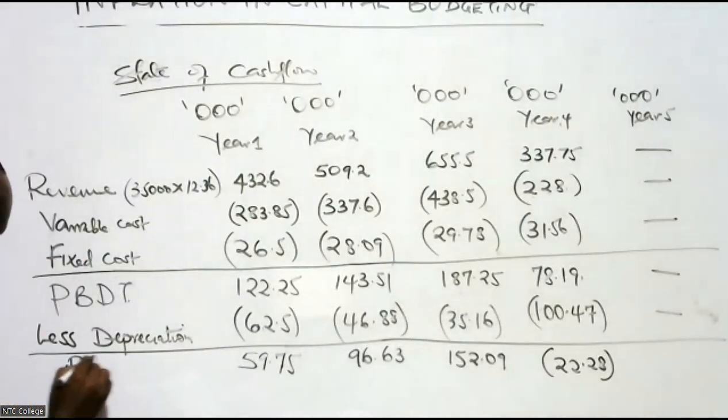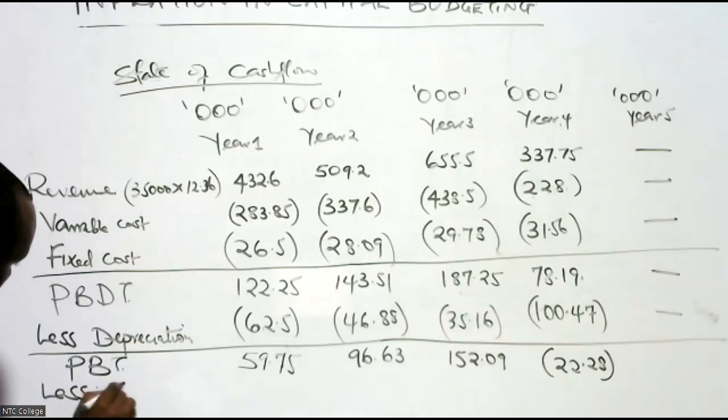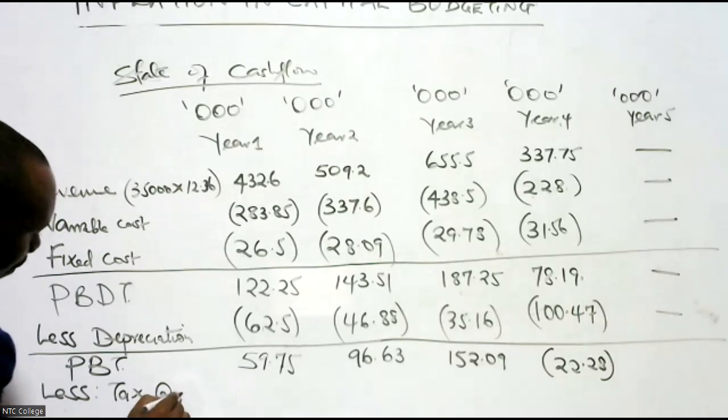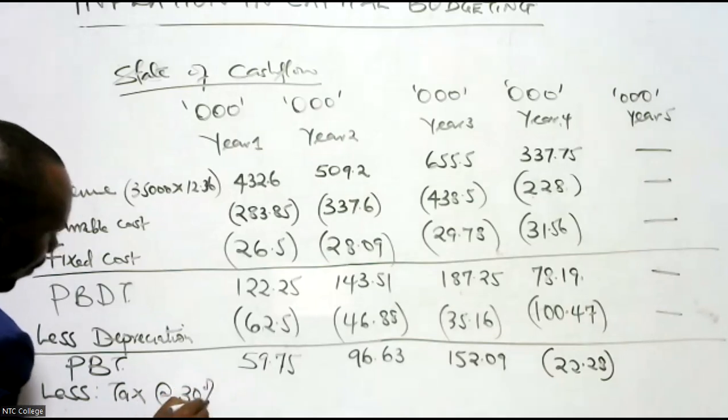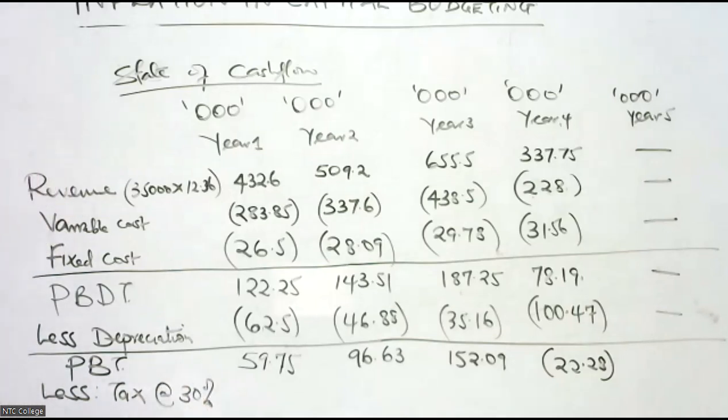That is profit before tax. Now let's tax at 30% on a reducing balance, in arrears. So I think the depreciation for the last year was 104,468.